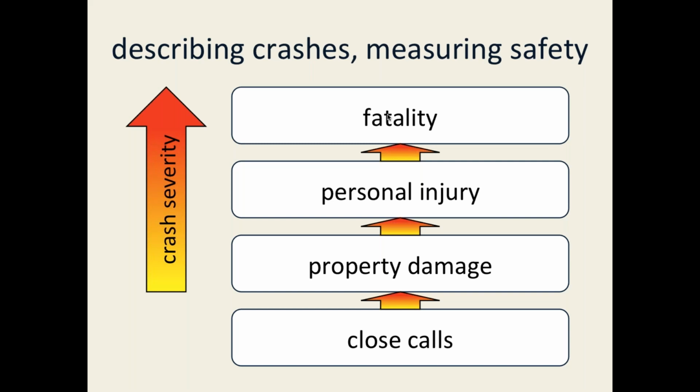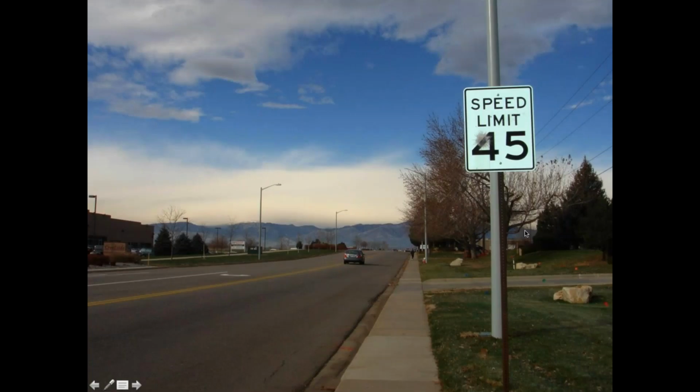And we found that close calls are good predictors of crashes. Property damage crashes are good predictors of where you might have personal injuries, especially as speeds increase, and then personal injuries are predictors of potential fatalities. So paying attention to crash severity is a useful thing to do.